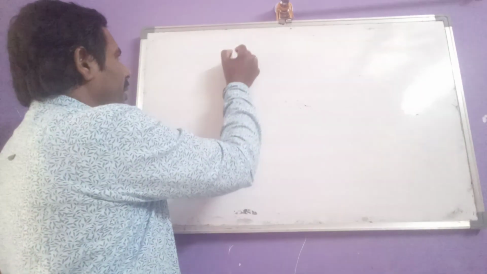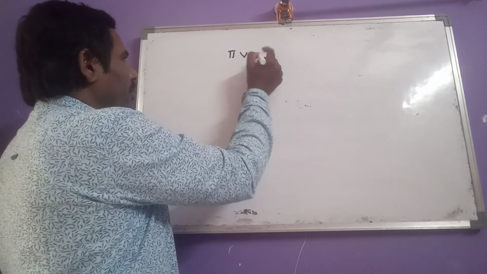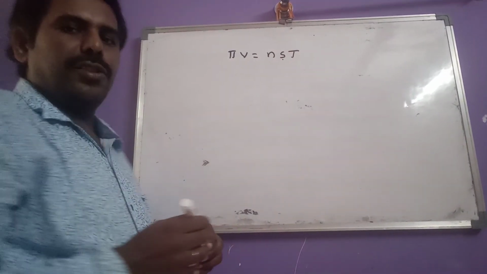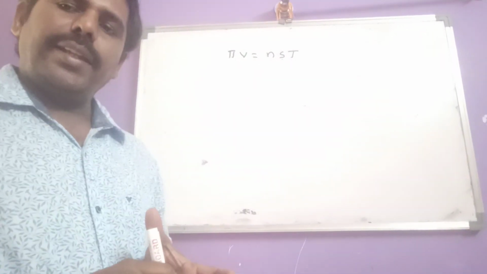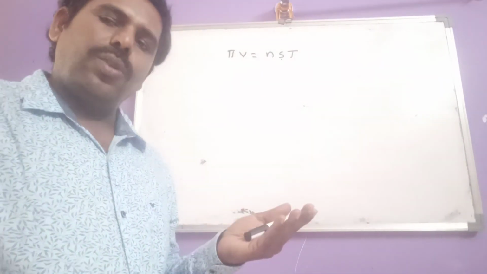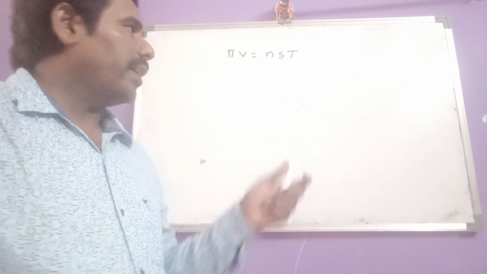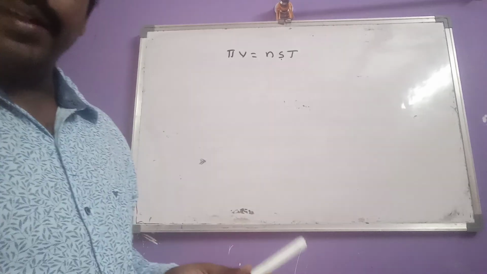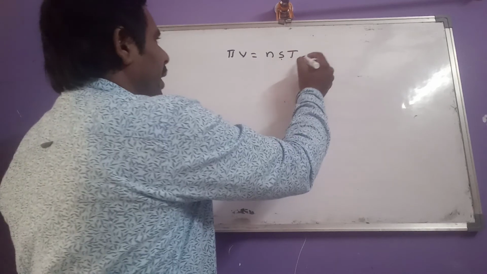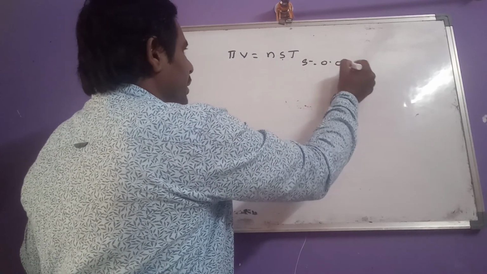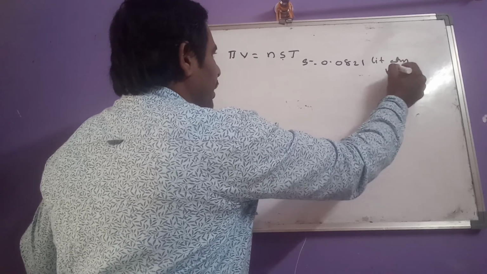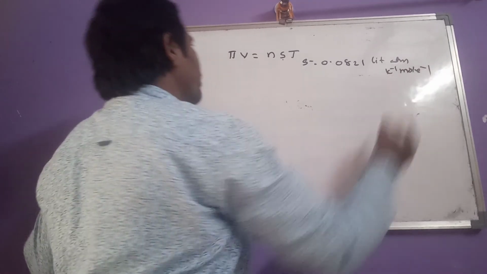And then after that, what is the formula for calculating osmotic pressure? Osmotic pressure: pi V equals nST, where S is known as the liquid constant, not similar to R. R is the gas constant, but S is the liquid constant. Its value is 0.0821 liter atmosphere per degree Kelvin per mole.